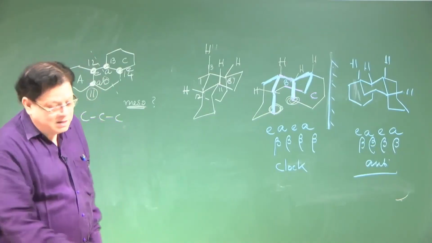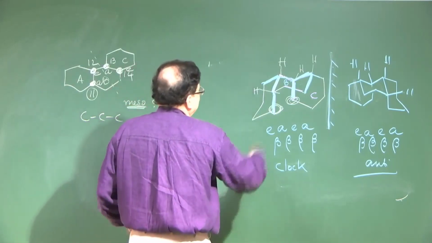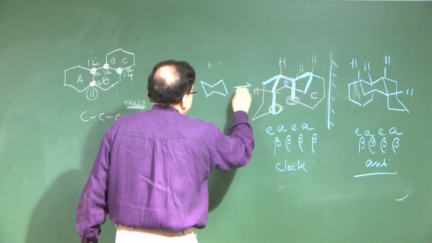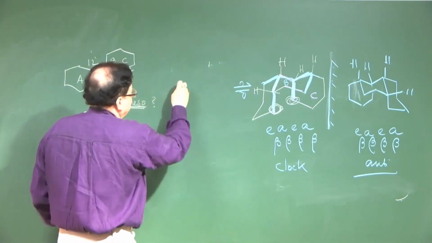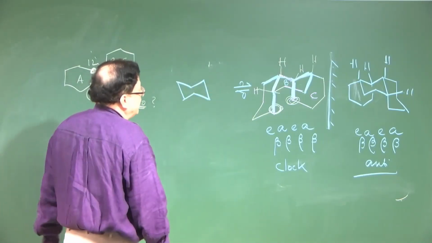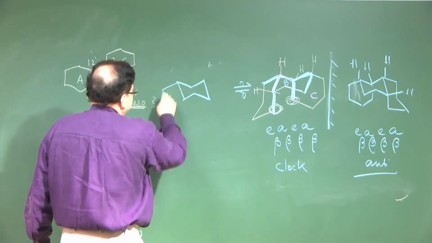So, it should exist as optically active, it should show optical activity. However, the problem is that if you flip this molecule, let us flip this molecule, then it will look like this. This is flipping, remember the sign of flipping is this. So, we are now flipping this molecule, the ring B should be like this, and then where are these positions? So, A will now look like this.